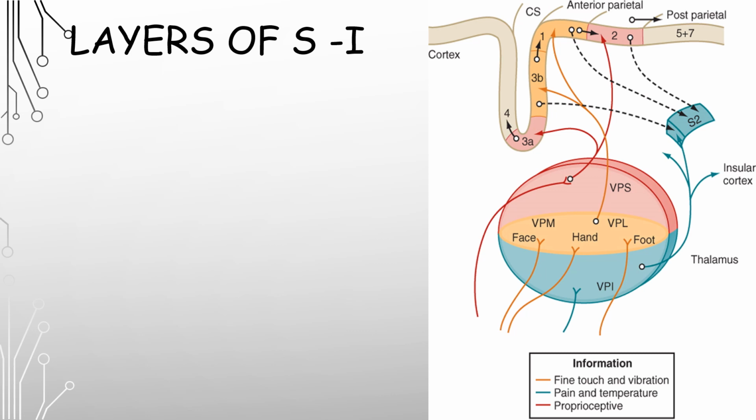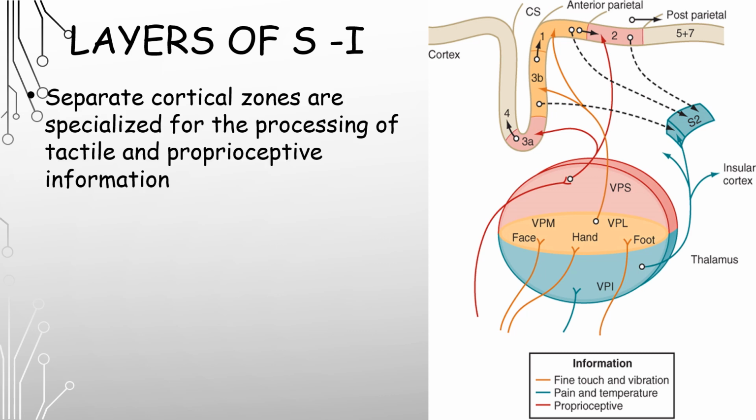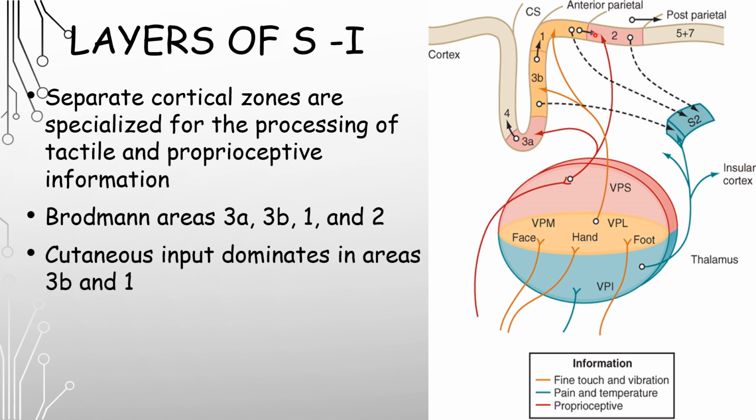Layers of the primary sensory area. Separate cortical zones are specialized for the processing of tactile and proprioceptive information. These are Brodmann areas 3A, 3B, 1 and 2.